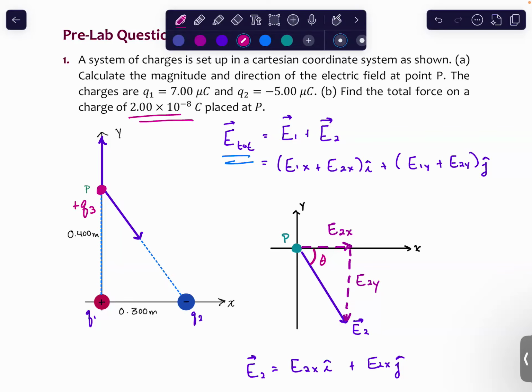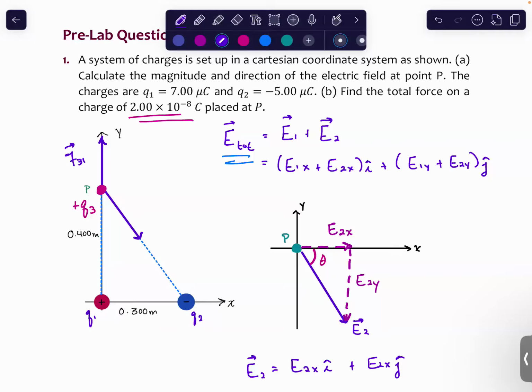So again, now it's just a charge instead of a point in space. The new charge and the positive Q1 are going to repel. So you're going to get your force vector. That's going to be your force 3-1, and it's going to point in the same direction as E1.